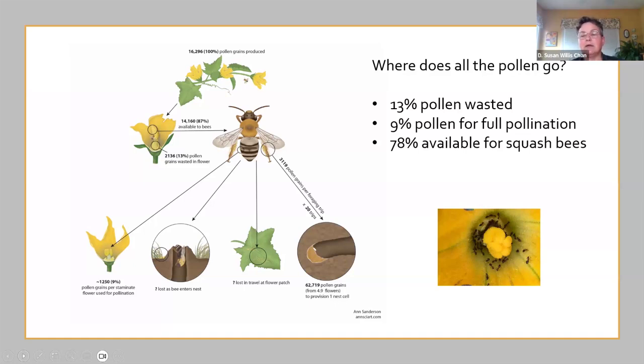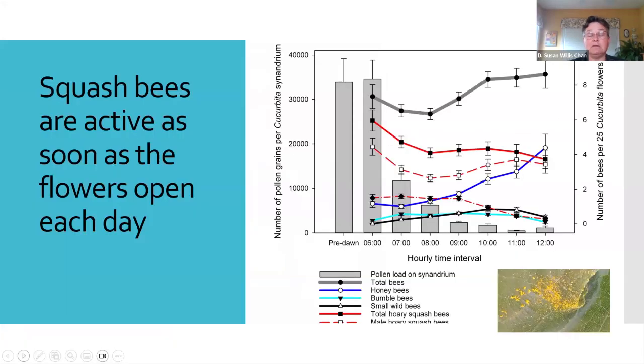However, ants come along and gather it at the end of the day. About 9% of the pollen is all that's needed for full pollination of the crop. That leaves 78% of the pollen that's produced by this plant available for squash bees and other bees to collect to use for their own nutritional needs and reproductive needs. That's pretty astounding if you ask me.